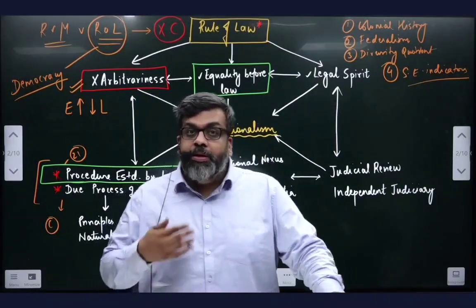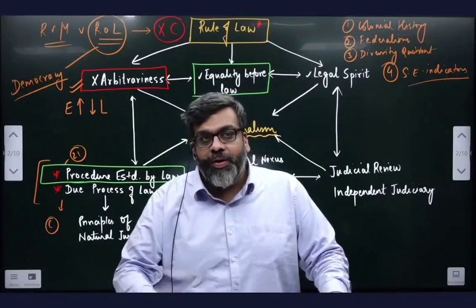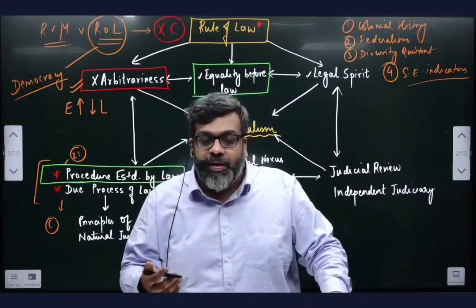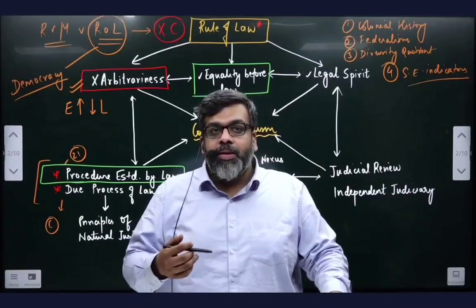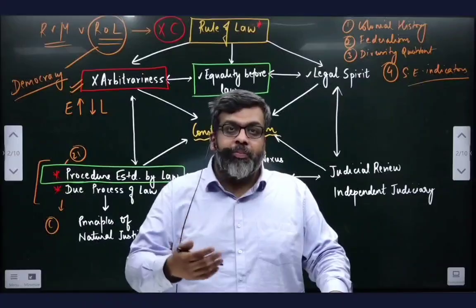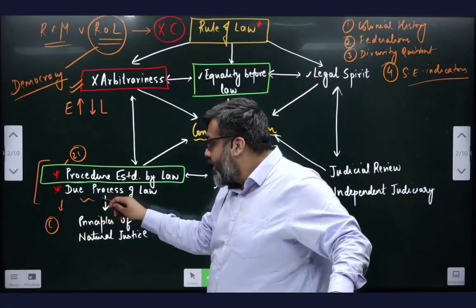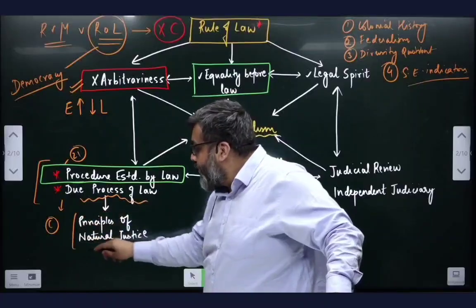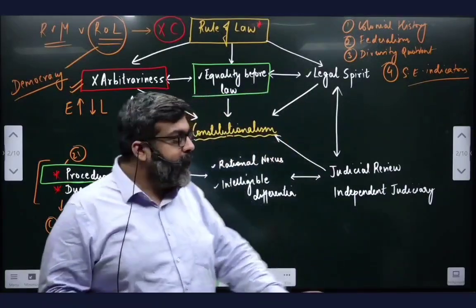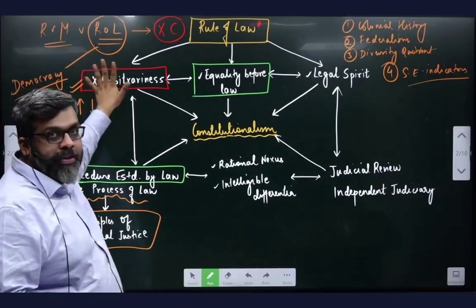So when you're trying to figure out whether the procedure was fair or not, you have to figure out whether there was a conflict of interest, or whether you had given an adequate opportunity to the other person to present their side of the story. So therefore, related to the due process of law, you would have a concept called principles of natural justice. And this is directly related to arbitrariness.